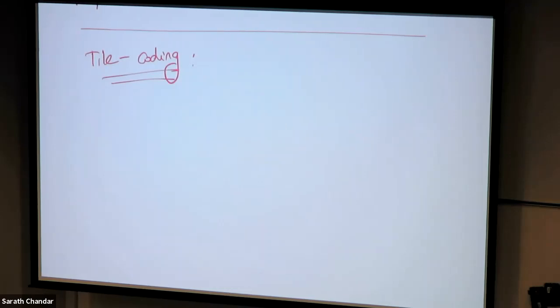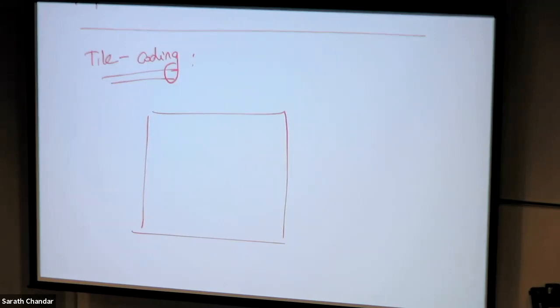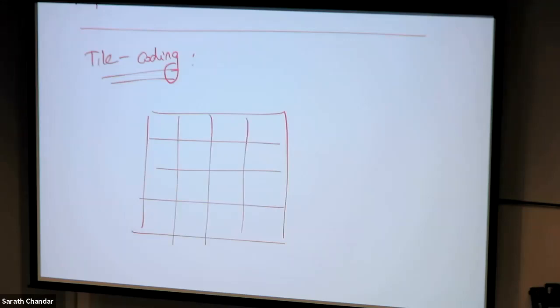Okay, so in the case of tile coding, let's say this is my space of states. Tile coding is going to have tiles or partitions of this space. For example, I could divide things like this. This is my first tile, this is my second tile, this is my third tile, 4, 5, 6, 7, 8, up to 15, 16.